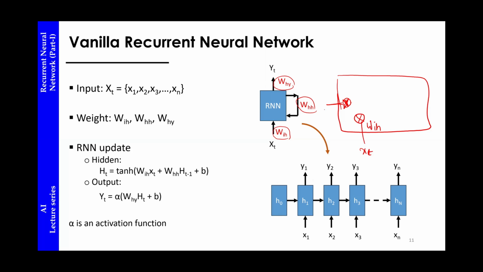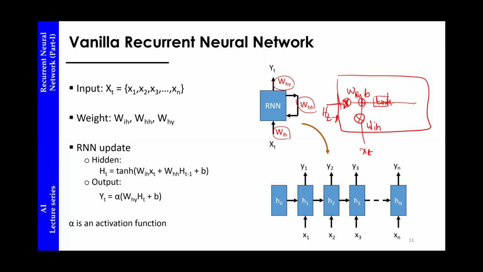The hidden layer from time step ht minus 1 is multiplied by WHH, and the result of these two will be summed with the bias, and the result of this sum will be introduced to a tangent hyperbolic as an activation function.